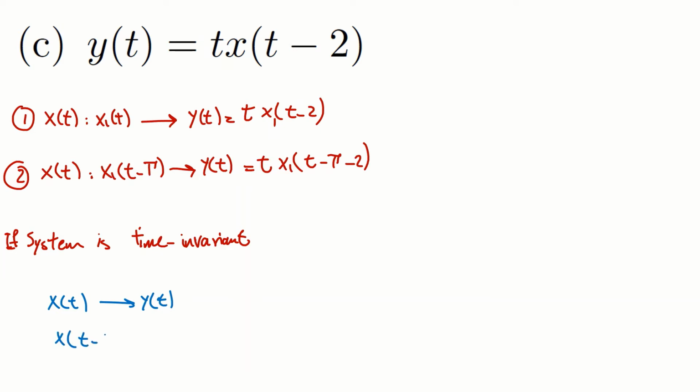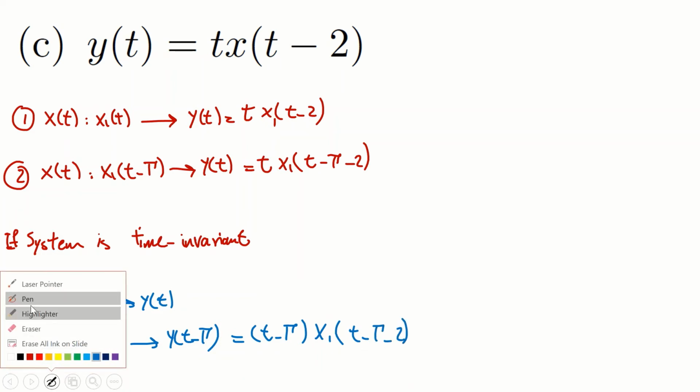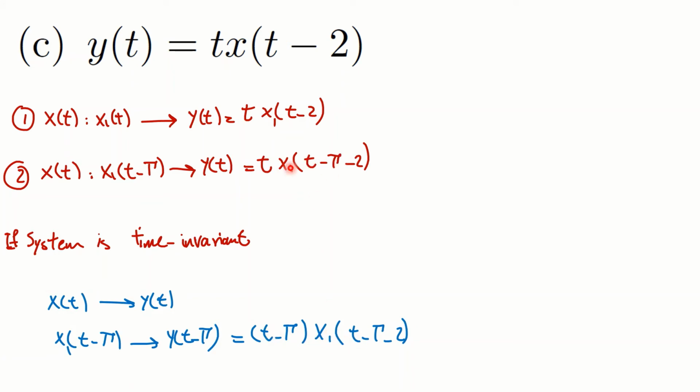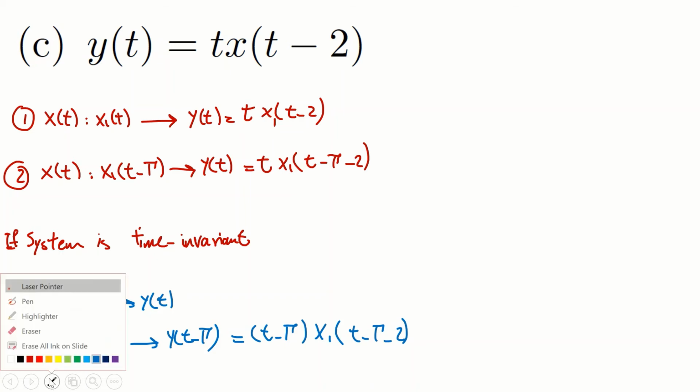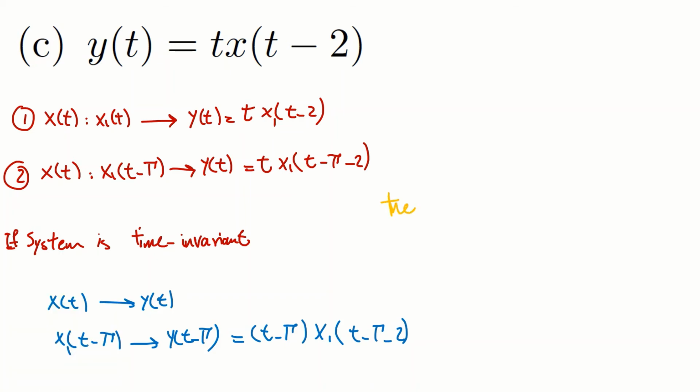If we do a time shift in the input, we expect to see the same time shift at the output, and this equals (t − τ) times x1(t − τ) − 2. If you compare these two, you see that they do not match. They're not equal. So I can conclude that the system is not time invariant, or the system is time varying.